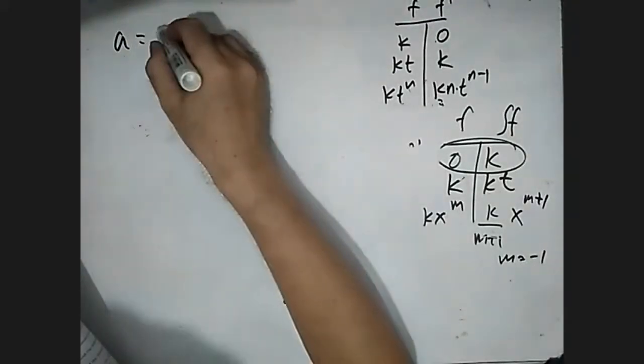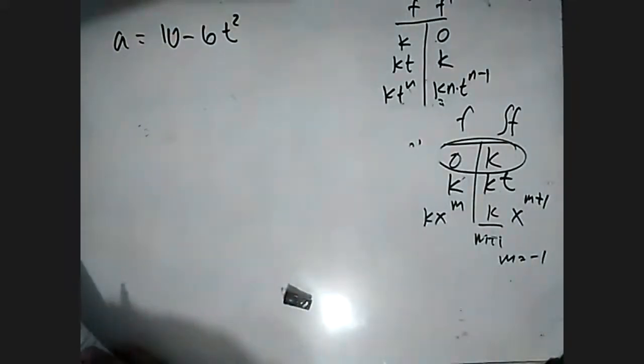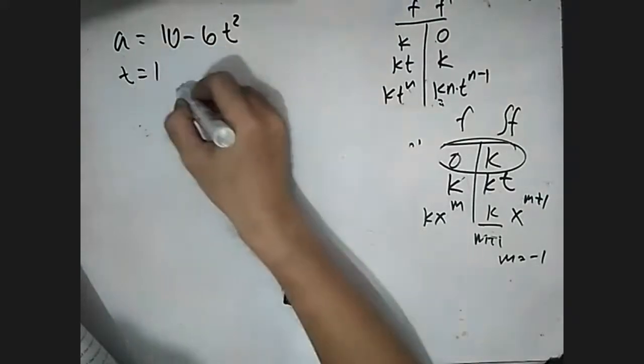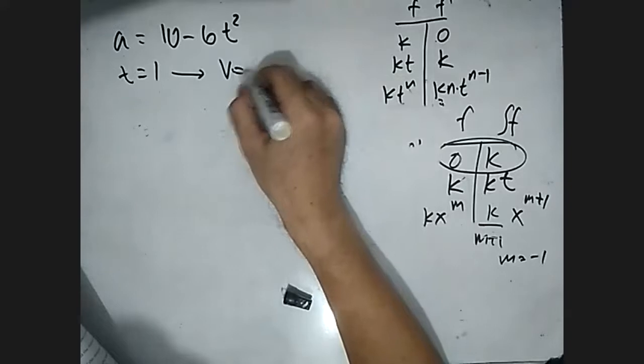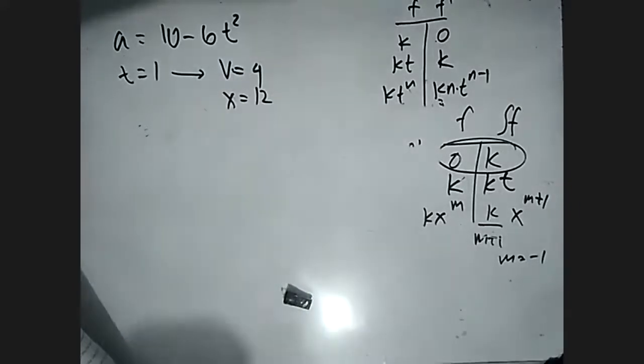Question number 2. Okay. Given that a is 10 minus 6t squared. And the velocity is 4 and the displacement is 12 when t equals 1. When t equals 1, okay, we know that the velocity is 4 and the displacement is 12.